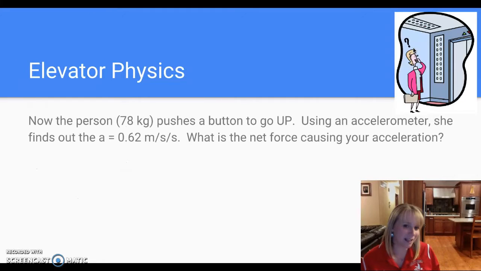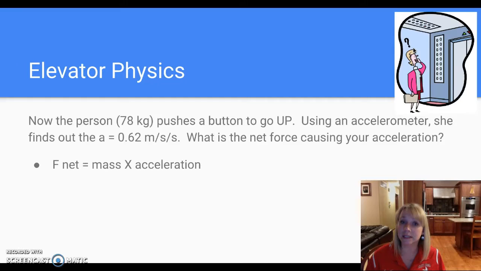So we're in our elevator and you push a button to go up, and you have this handy-dandy accelerometer and it finds an acceleration of 0.62 meters per second squared. So what would the net force be that causes that acceleration? If we rearrange Newton's second law, F equals ma, F net equals mass times acceleration.